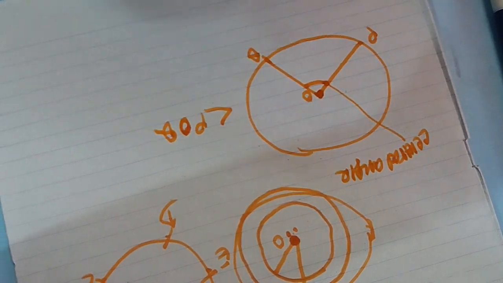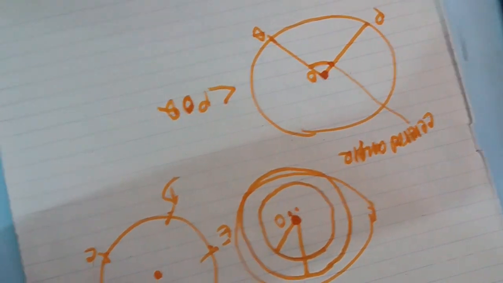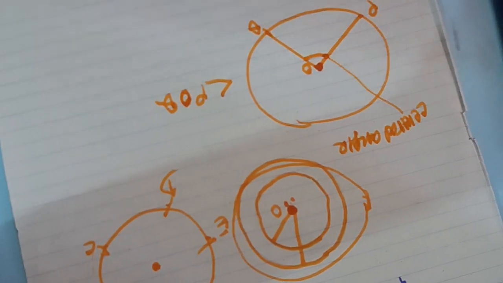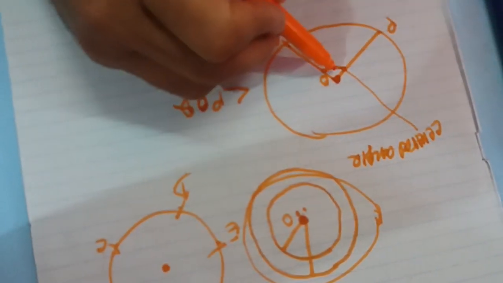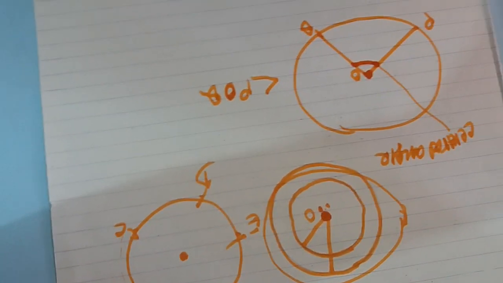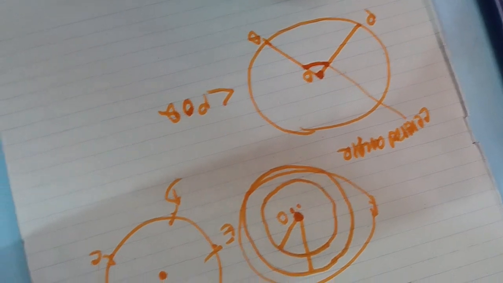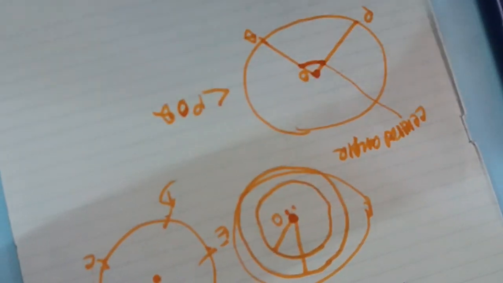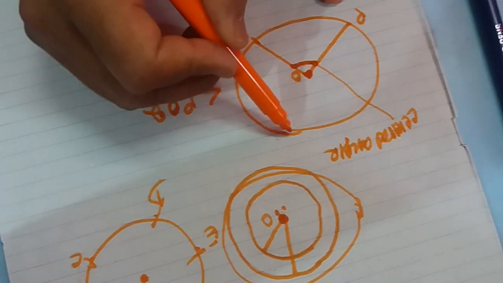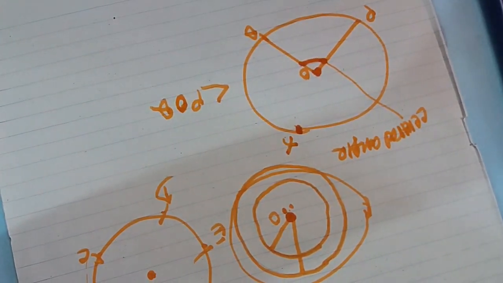Okay. So one of the theorems here you have to prove experimentally. The central angle is double the inscribed angle. So what is the inscribed angle? Let me take one point X on the circumference of the circle.